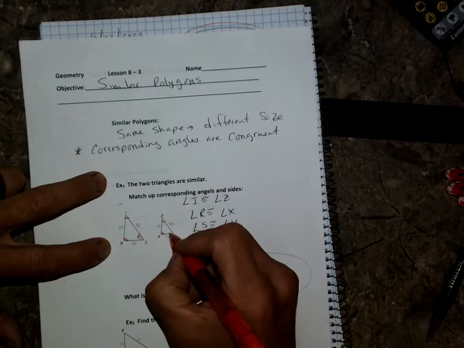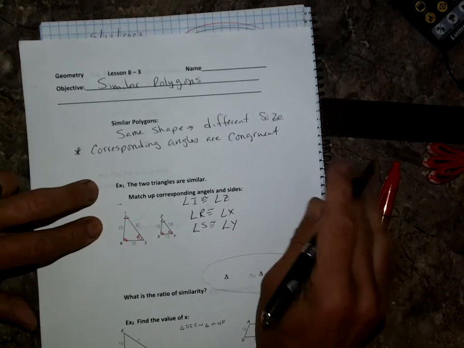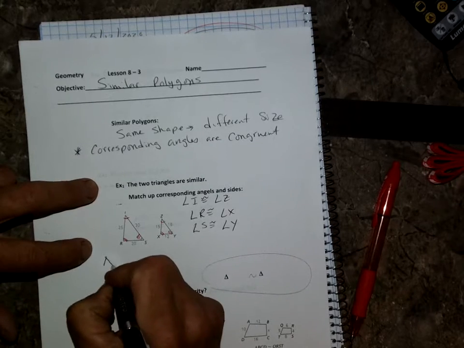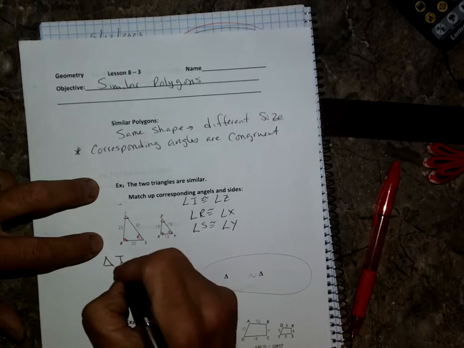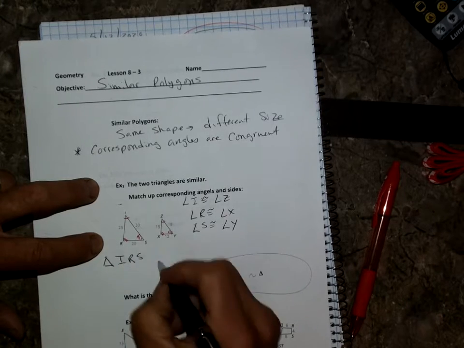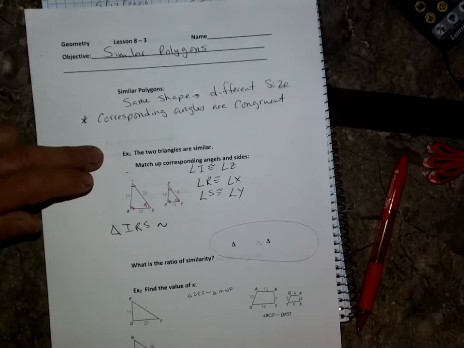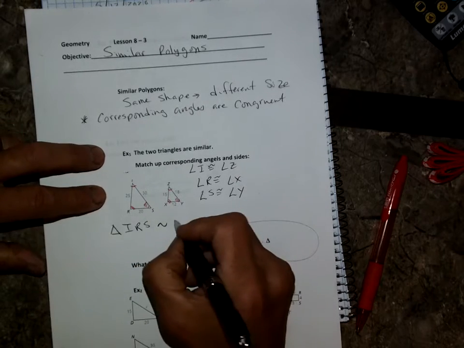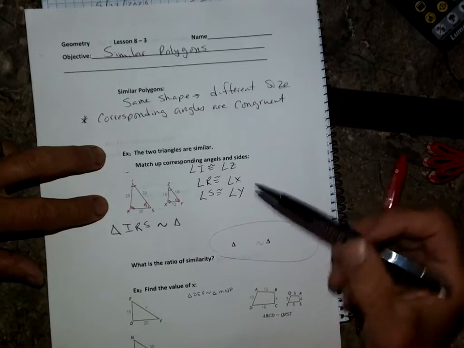Now I like to also say this. I can say then that triangle IRS, and this is the symbol, watch this, is similar to triangle ZXY. Now you got to do it in the right order. IRS, you got to go the correct order.